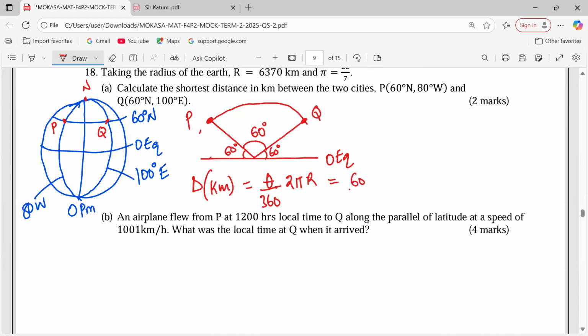So 60 over 360, 2 pi r. What we get here shall be the distance, and this is going to be exactly 6673 and a third.